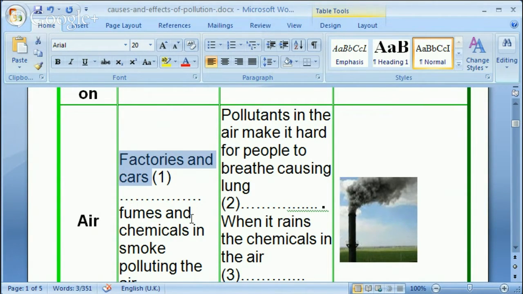Most English sentences are going to start with a subject noun. Fumes and chemicals, which are also nouns, so they're clearly going to be object nouns. So the blank is going to have to be some kind of verb.